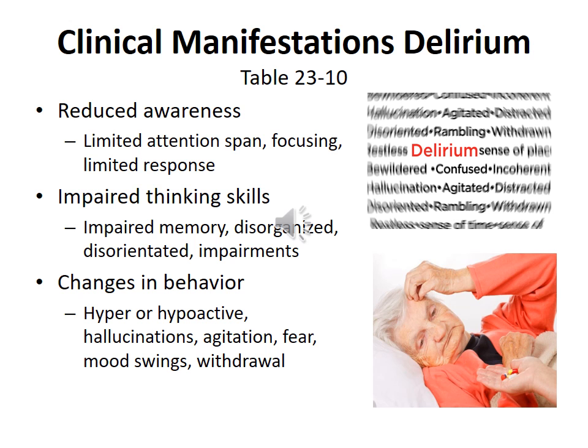So when we look at the signs and symptoms, table 23-10 gives us those signs and symptoms. There's reduced awareness. They don't have attention span. There's impaired thinking. They're disorganized. And there's changes in behavior, hypoactive, hyperactive, hallucinations, things like this.